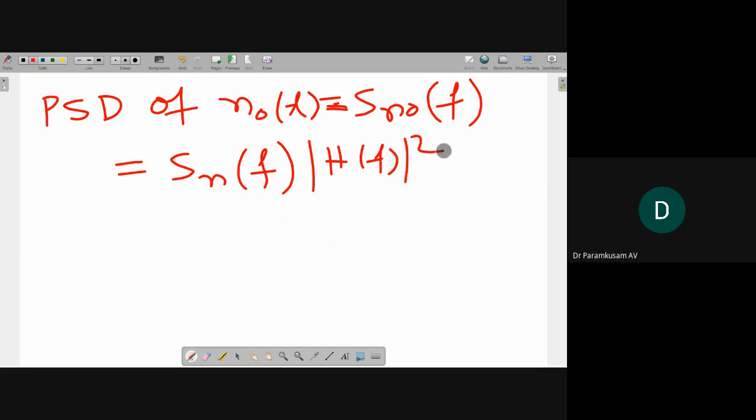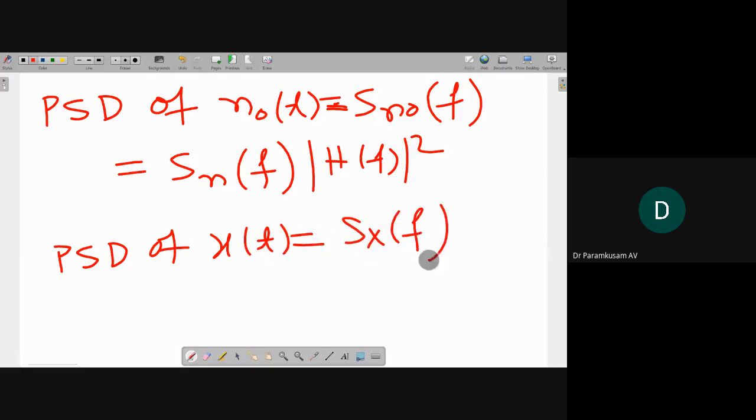Next, if you know the power spectral density of any signal, the power of that signal can be calculated. That is, suppose the power spectral density of x of t is S x of f.